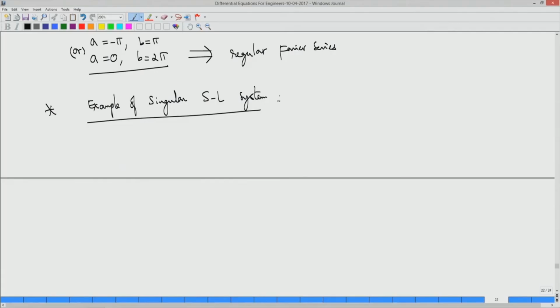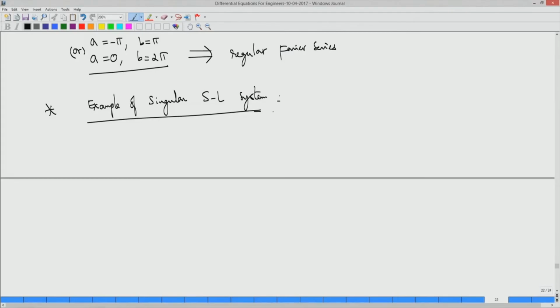I do not really do something new here, which you already know. I just give two examples of differential equations which you already studied. One is the Legendre equation, the other one is Bessel's equation.